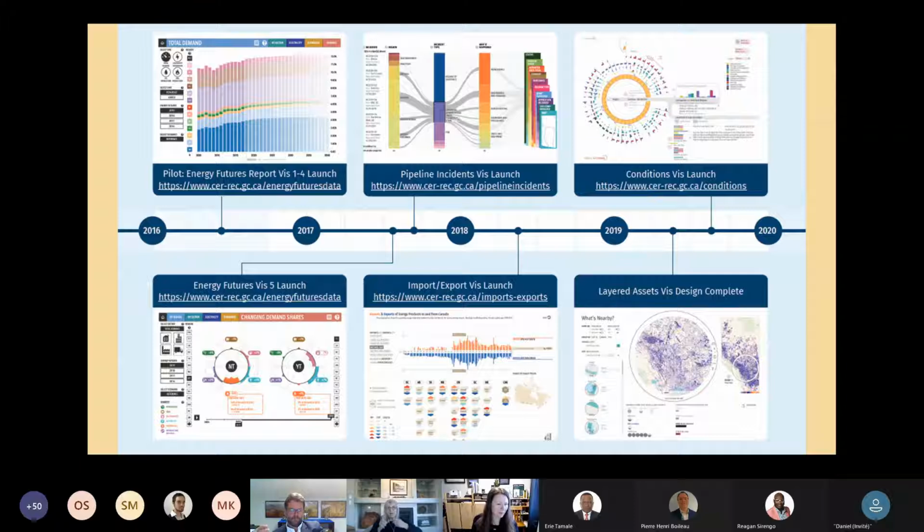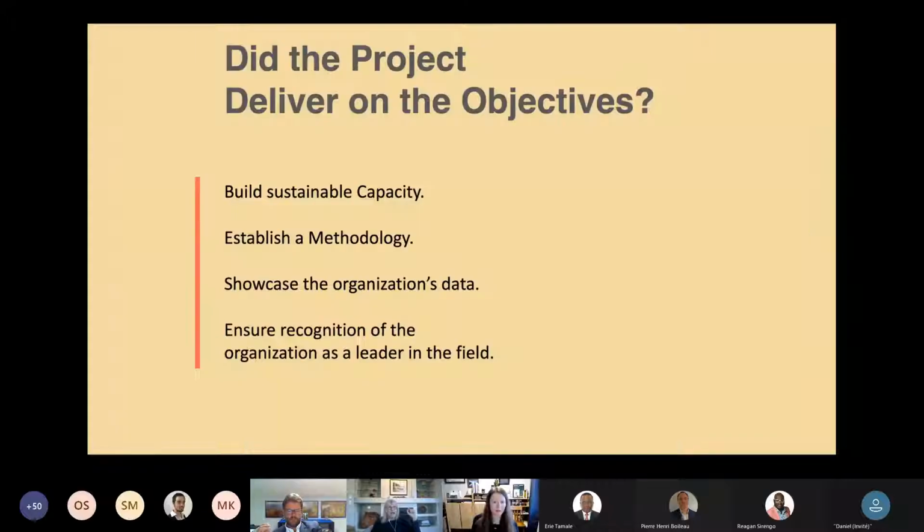And so it wasn't so much about what we were visualizing also had the importance of working with a different team every time so that we could create an environment across the organization that understood a different way of working. So did we achieve our objectives?